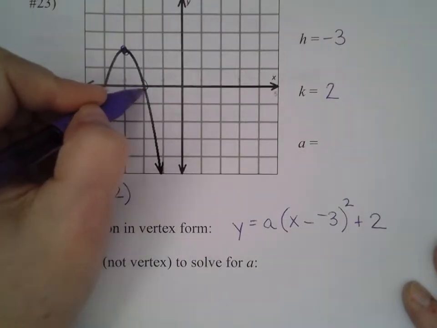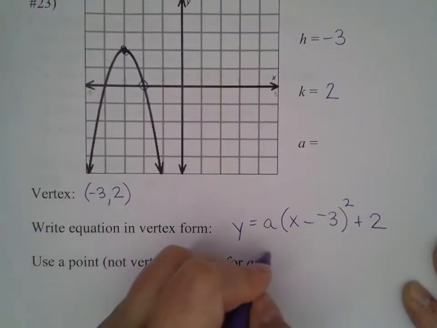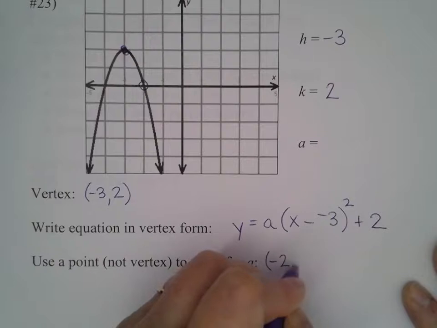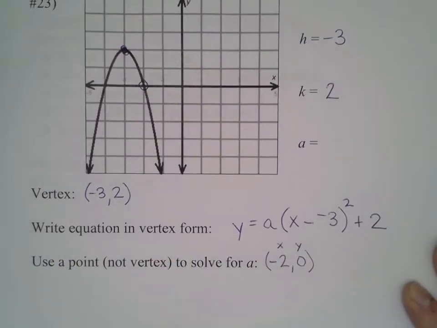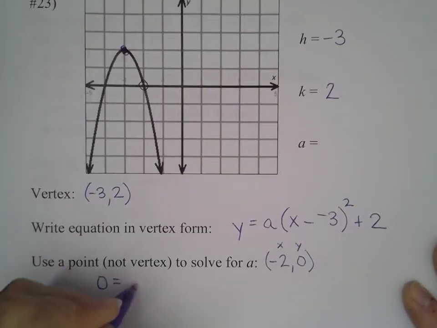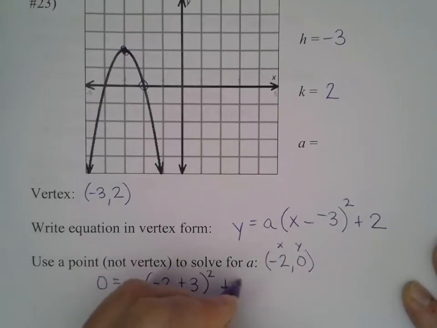I'm going to pick this point right here, not for any good reason. Okay, so I'm going to use the point -2, 0. I'm going to plug the -2 in for x and the 0 in for y. So I have 0 equals a times -2. Really, this is a plus 3 because I have a double negative here, squared plus 2.